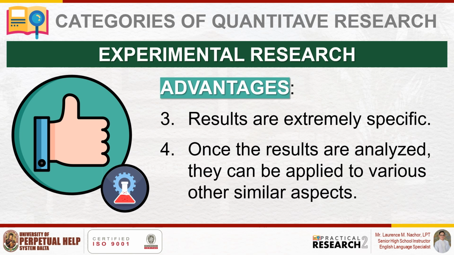For example, if an experiment shows that a particular teaching method improves a student's performance in a school, then the same method might be effectively applied in schools with similar learning conditions. So in summary, experimental research not only gives highly accurate results, but also enables researchers to extend their applications beyond the original setting.